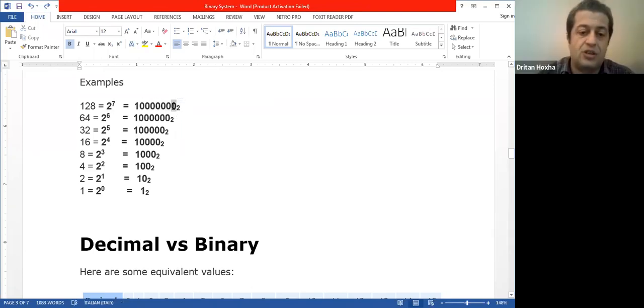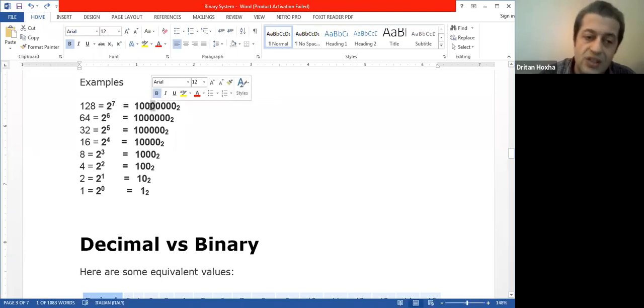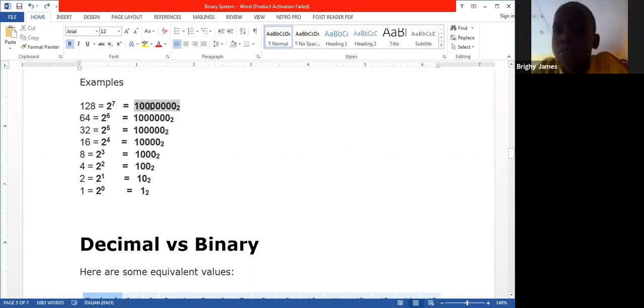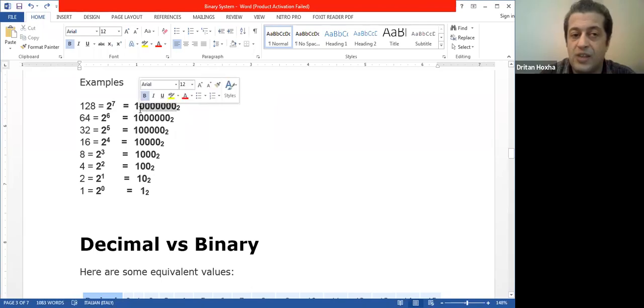The first digit on the right shows units, the second one shows 2s, the third one shows 4s, then 8s, 16s, 32s, 64s, and 128s. All the other numbers are zeros, except this one, because 128 is exactly 2 at power 7. So only this number should appear in the base 2 number system. All these numbers should be 0.